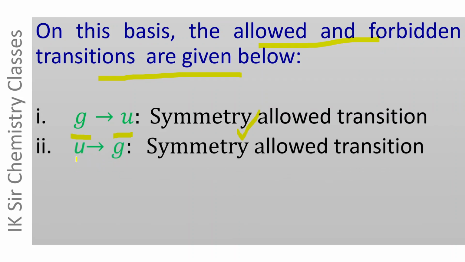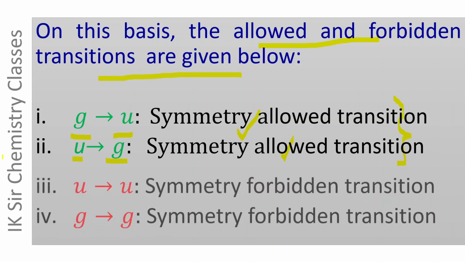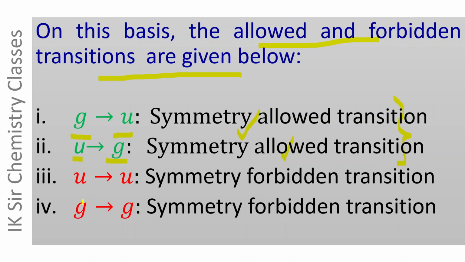Similarly, if transition takes place from ungerade orbital to gerade orbital, it will also be symmetry allowed, because these two electronic transitions lead to inversion of parity of orbital, that is symmetry of orbital. And if electronic transition takes place between two ungerade orbitals or two gerade orbitals, the symmetry will remain the same and such electronic transitions will be symmetry forbidden.